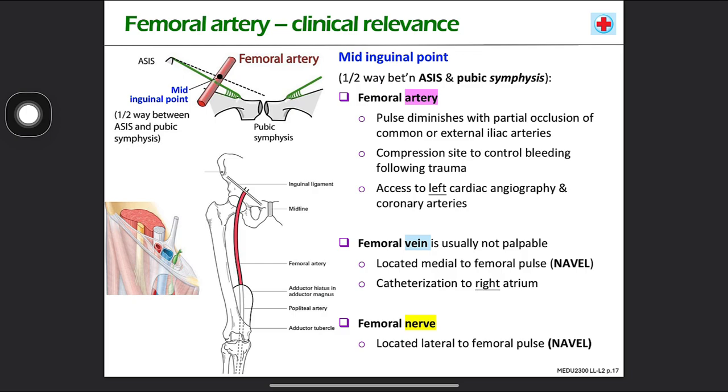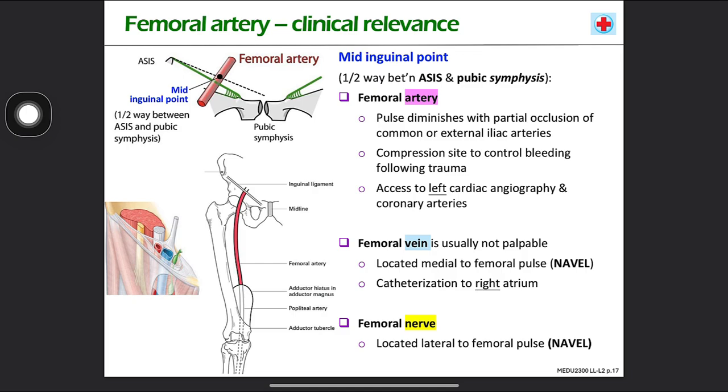So basically, the femoral vein cannot be felt, right? You cannot find the pulse, right? But with the landmark that you know, if you can find the artery, medial to the femoral artery is the vein, okay? And also, the femoral vein is a good site for you to apply a catheter to the right atrium.